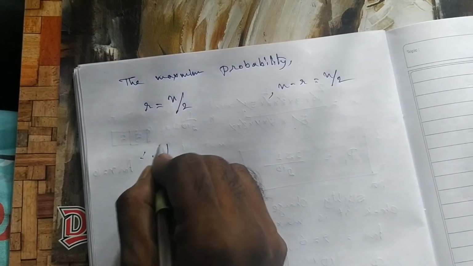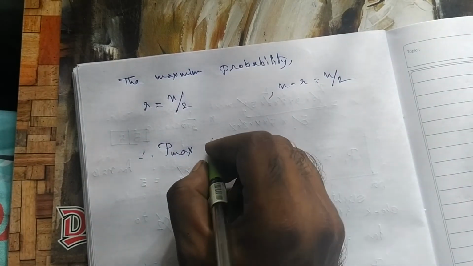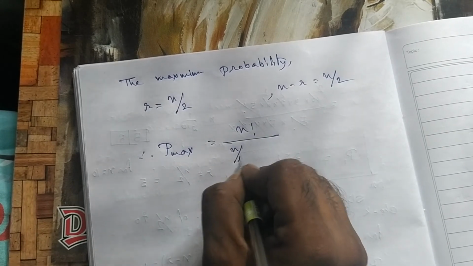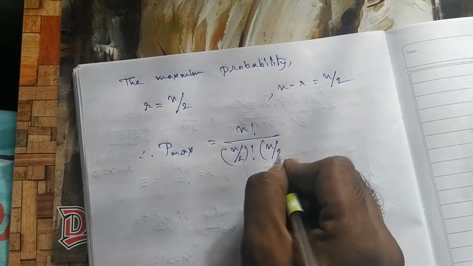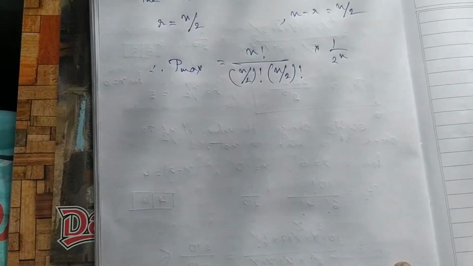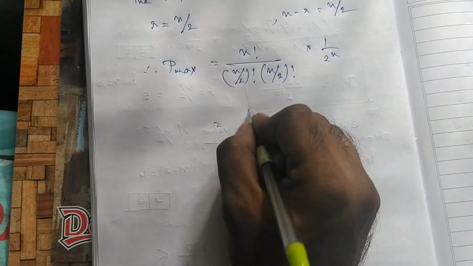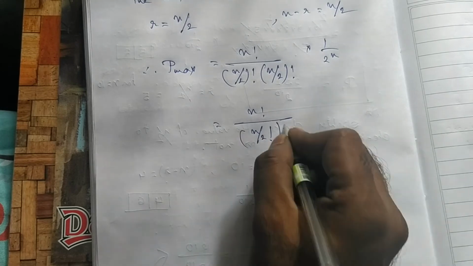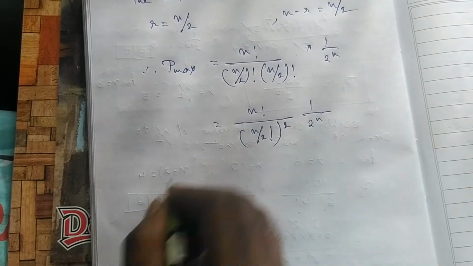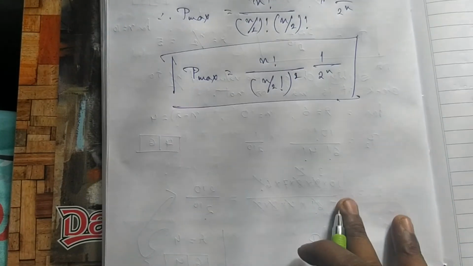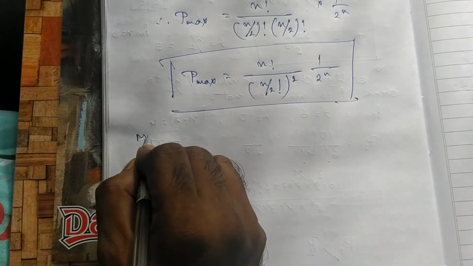So obviously P max is equal to n factorial by n by 2 factorial n by 2 factorial into 1 by 2 to the power n. We can rewrite it as n factorial by (n by 2 whole factorial) squared into 1 by 2 to the power n. This is the P max. The minimum probability.